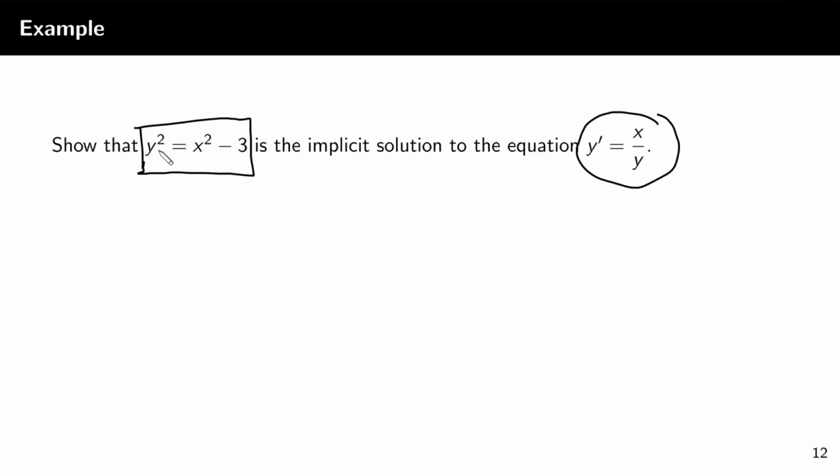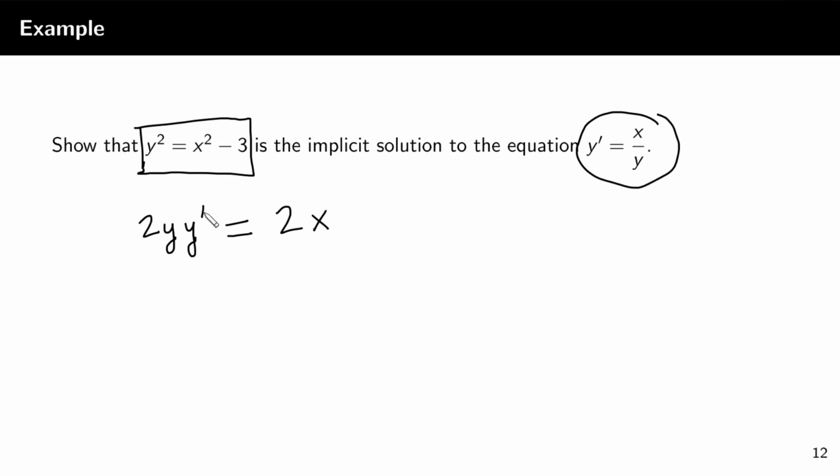So derivative of y squared is 2y y prime, and that's equal to derivative of x squared minus 3, which is equal to 2x. And then I will have to manipulate this expression para makuha ko to.